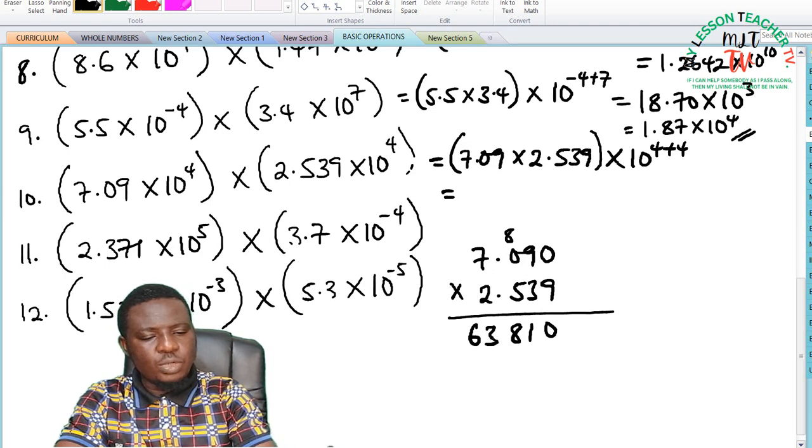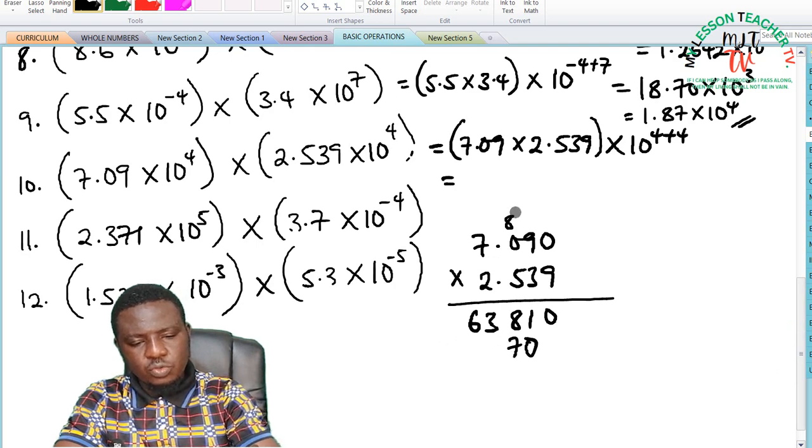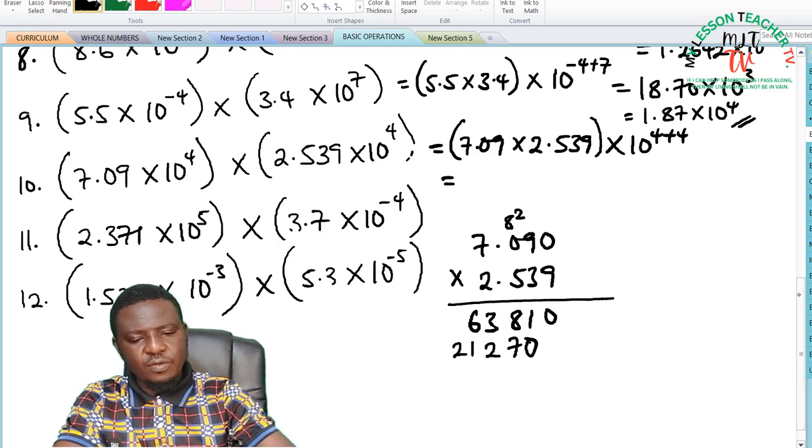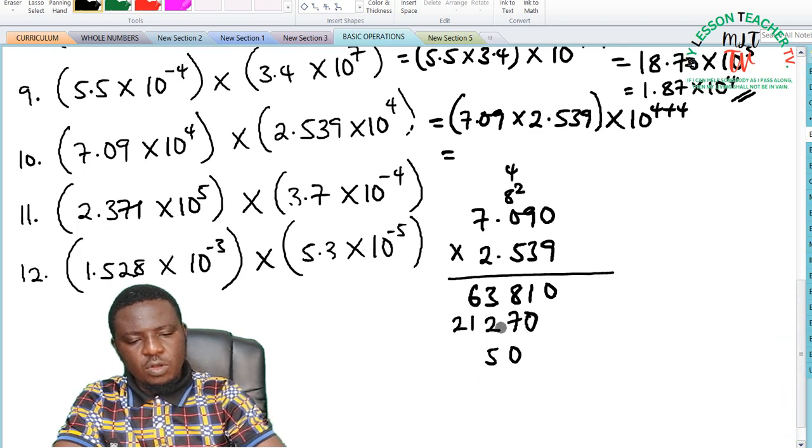You do same with 3. This is 0, 27, carry 2, 0, 2, 21. Do same with 5. You have 0, 45, carry 4. This is 4, and this is 35. You do same with 2.